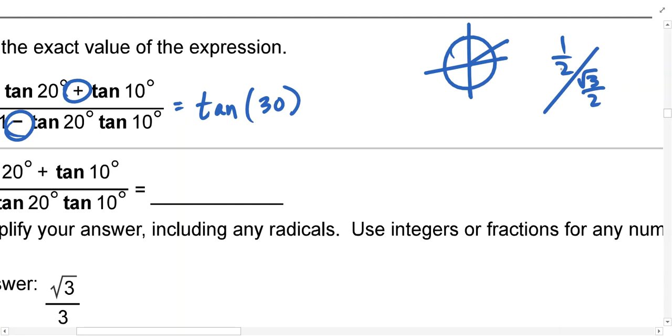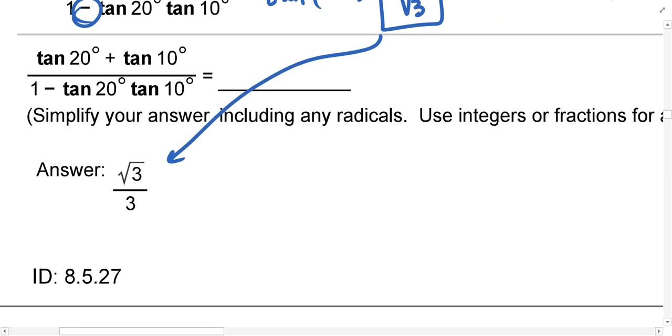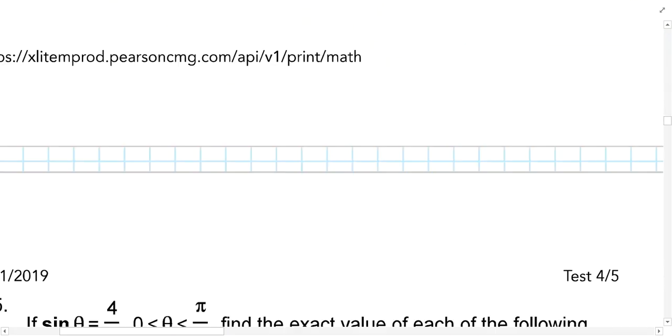And again, with these 2's both in the denominator being divided, those will cancel. And tangent of 30 degrees is 1 divided by radical 3. That's an acceptable answer, even though Math Excel will lead you to an answer that has a rationalized denominator. I have seen this one accepted in the past, so I'm certain it will work for you.